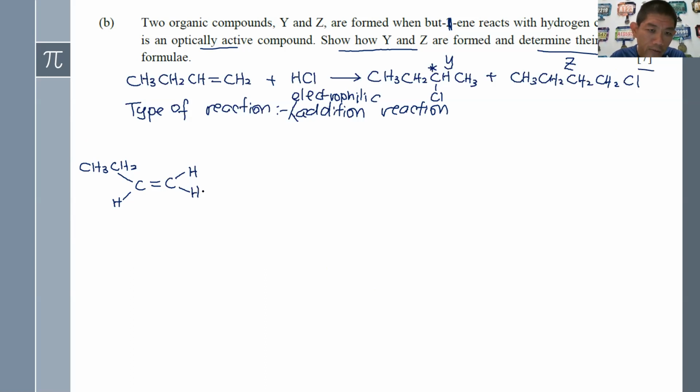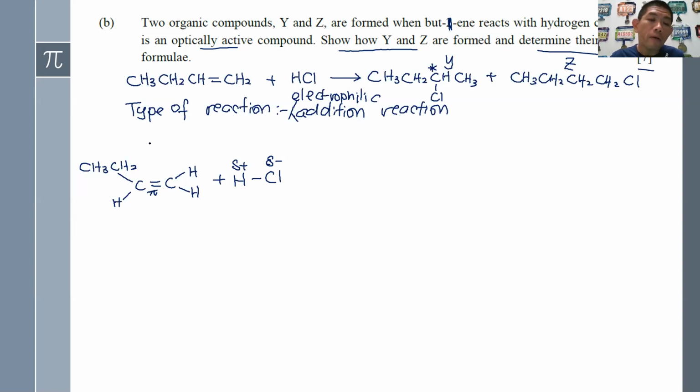Now, this is my habitual way of proposing the mechanism. Usually, I will show the arrangement in the correct shape, because this is trigonal planar. Now plus HCl. You must know that in HCl, hydrogen is partial positive and chlorine is partial negative. Because this is electrophilic attack, the pi electrons will first attack the partial positive.